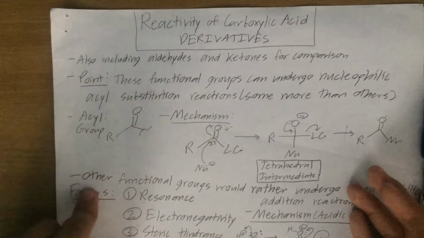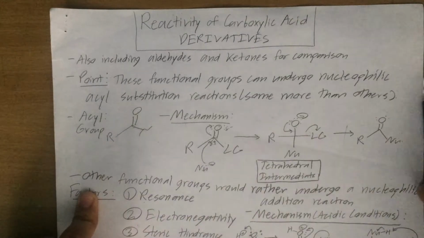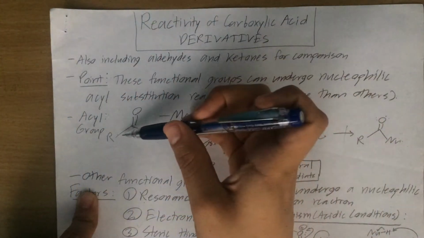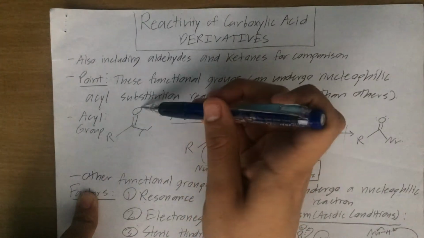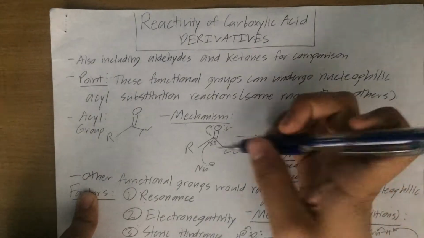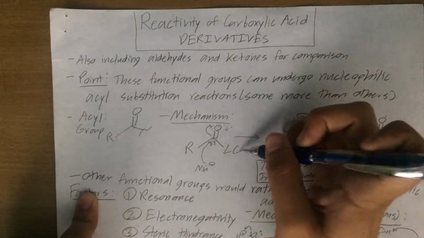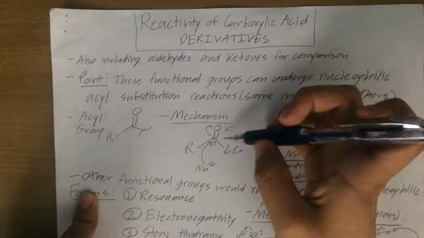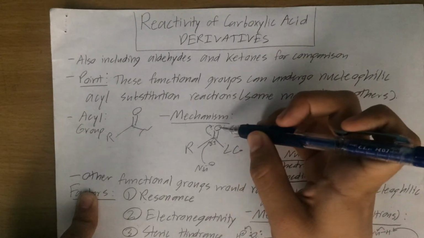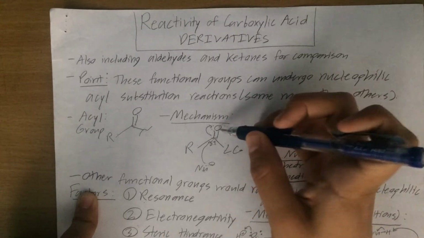But before we get to that, just keep in mind that in a nucleophilic acyl substitution reaction, an acyl group is basically just this, RC double bond O. The mechanism of this reaction is as follows. You have your RC double bond O and your leaving group right here. You have an electrophilic, partially positive carbonyl carbon, and a more partially negative carbonyl oxygen.